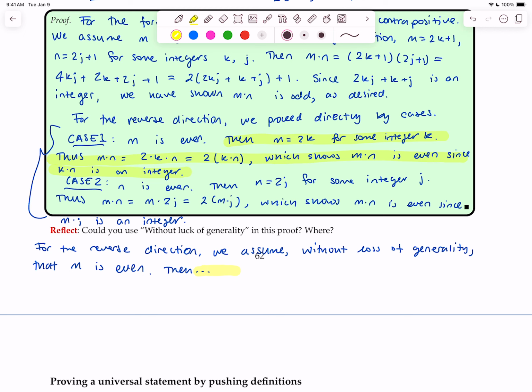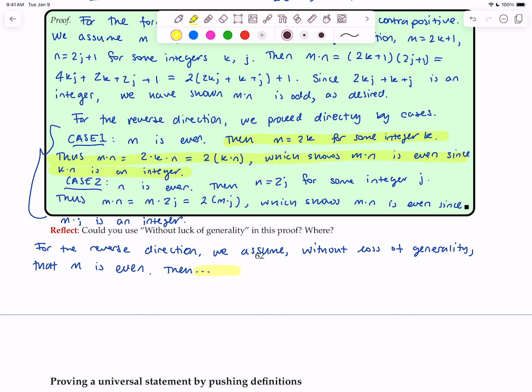Now you might ask, when are you allowed to use without loss of generality and when are you not allowed to? It could be a little confusing the first time you look at it. I mean, research level mathematicians have run into issues where they've used without loss of generality when they weren't supposed to, and they've had to retract papers, and it's a whole big thing. It'll become clearer as you practice more and more, and if you're ever confused, you can definitely ask, that's definitely a non-trivial question: am I allowed to use without loss of generality here?